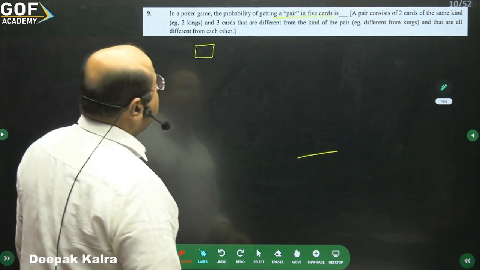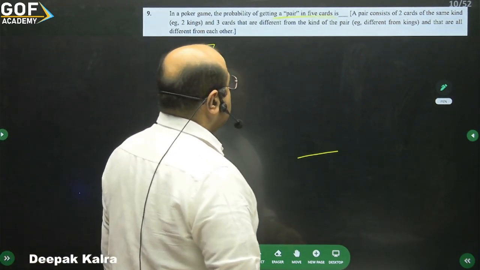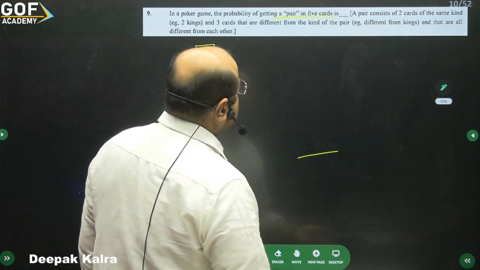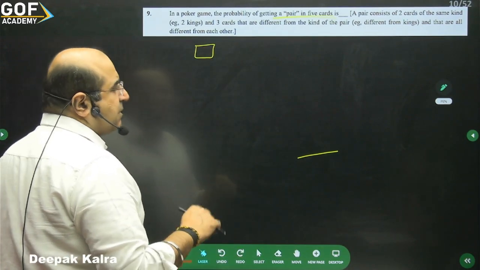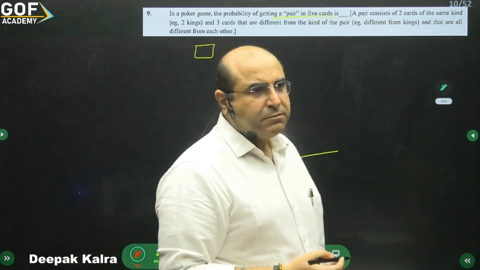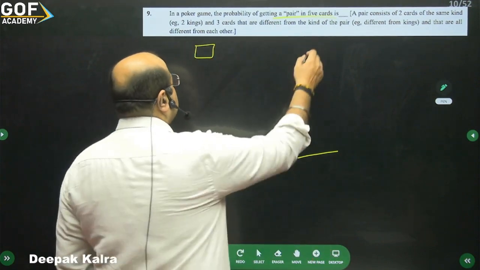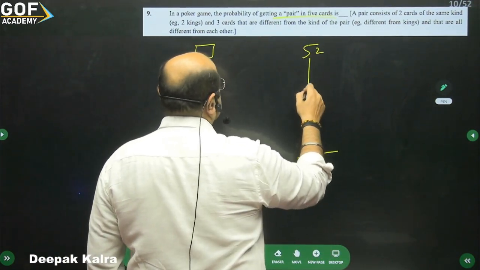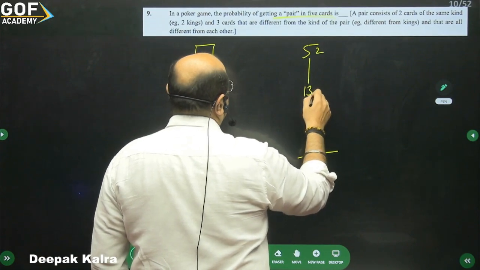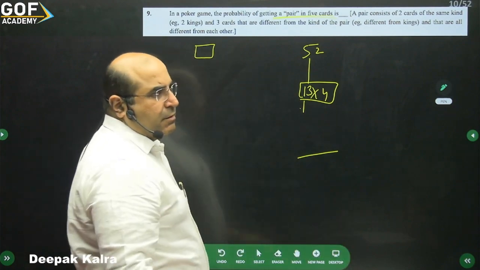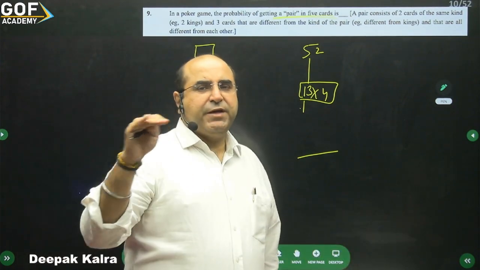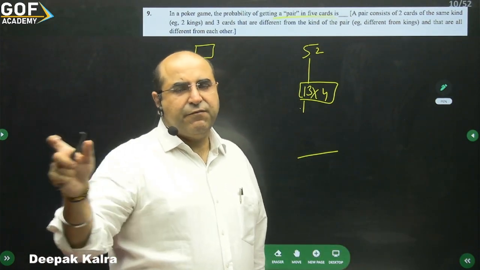And 3 cards are of a different kind, meaning different from the pair, and different from each other as well. Okay. So in playing cards, we have 52 cards, which is 13 cross 4. Right? 13 sets, each with an identical set of 4.